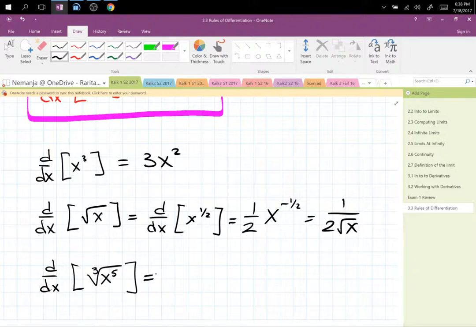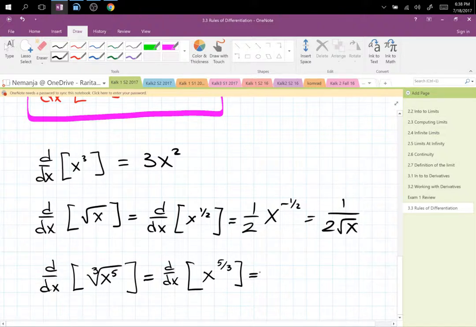The first order of business is obviously to rewrite. So what should I write? X to the 5/3. Very good. So knowledge of basic algebra is extremely important, and that's what you have. And now you apply the formula.